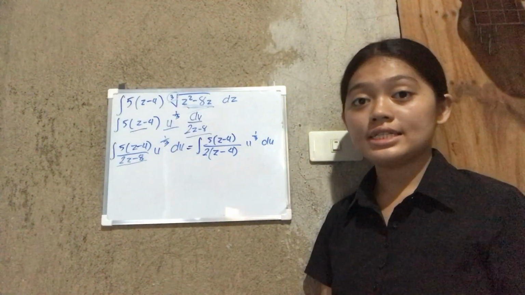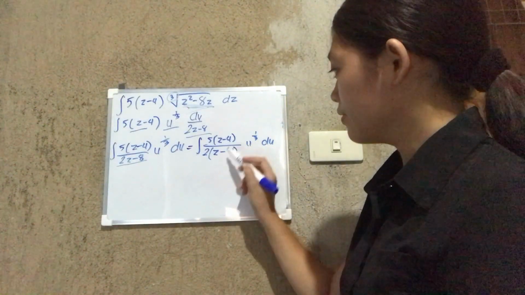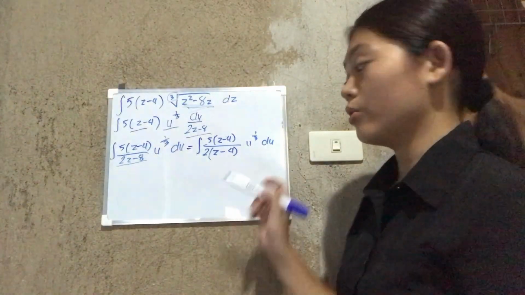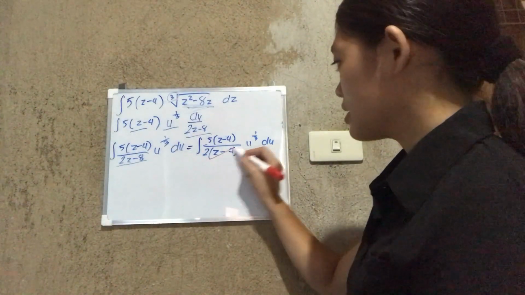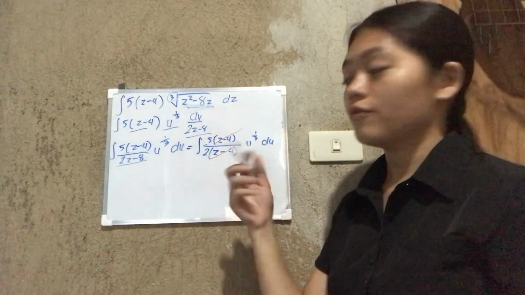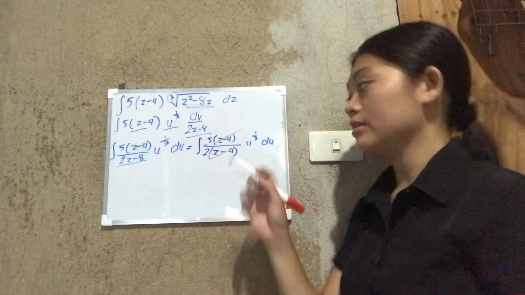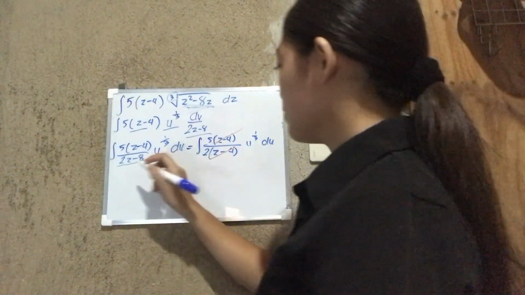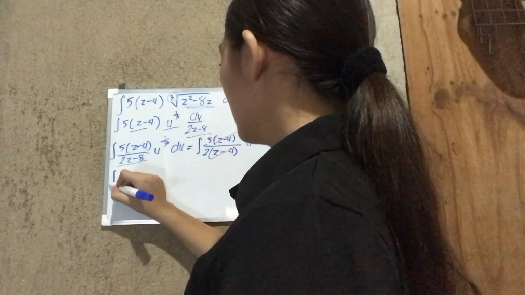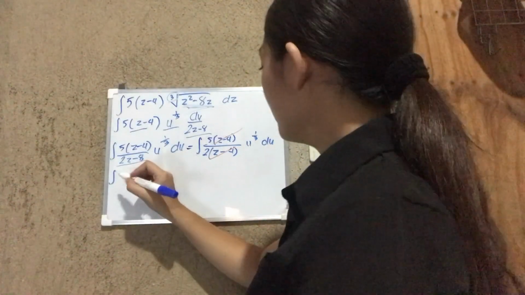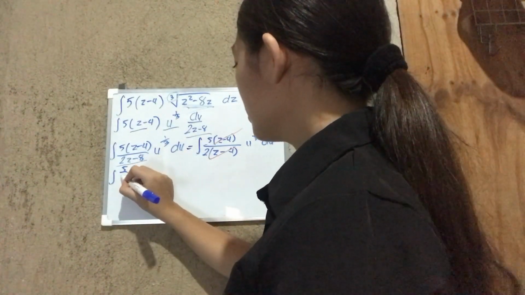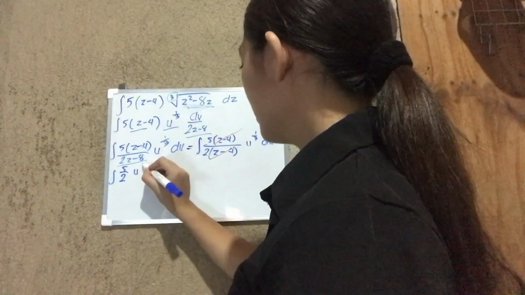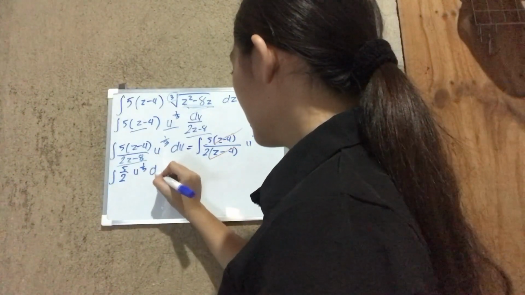Now, as you can see, they are the same, right? So we are just going to cancel this out. So 5 halves will be left right here. So we will now have the integral of 5 over 2, copy the u to the 1/3, then du.